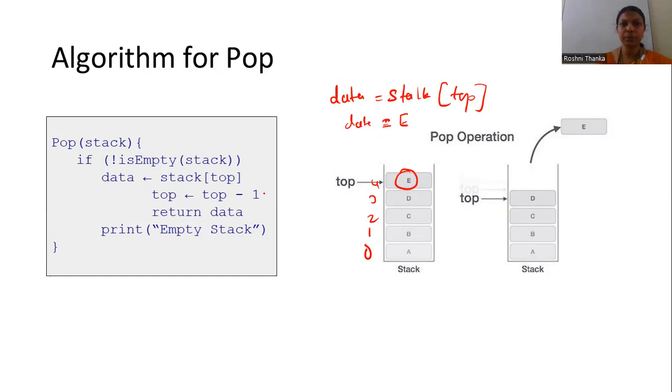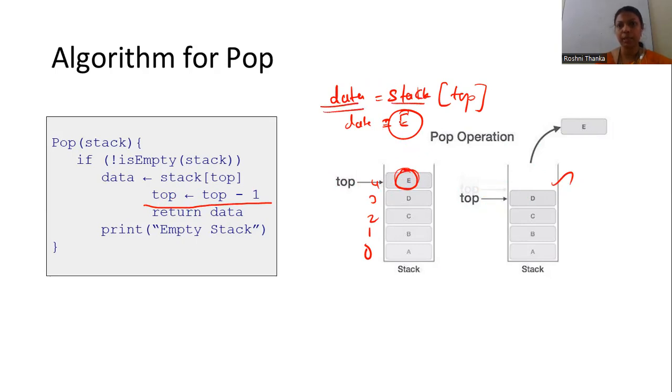Now, what will you do? We have to decrement the top, because we are removing this element, so the top should come to the previous location. So top is top minus 1. And then we return the data which we took from the top of the stack. So what are the things you have to do? First, you take the data out, E, from the stack's top position.